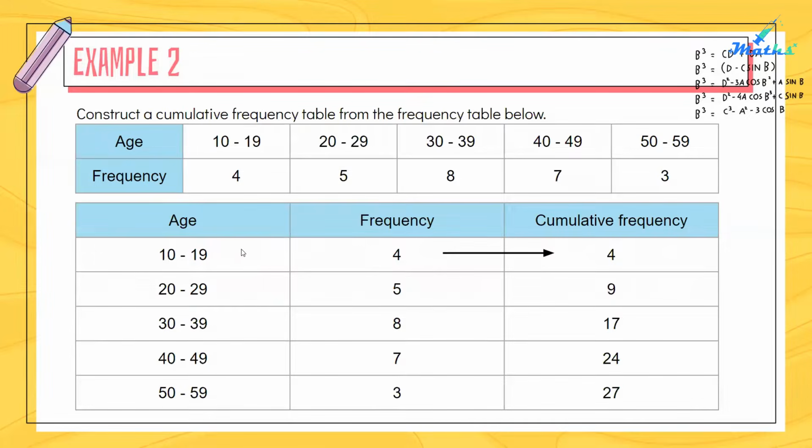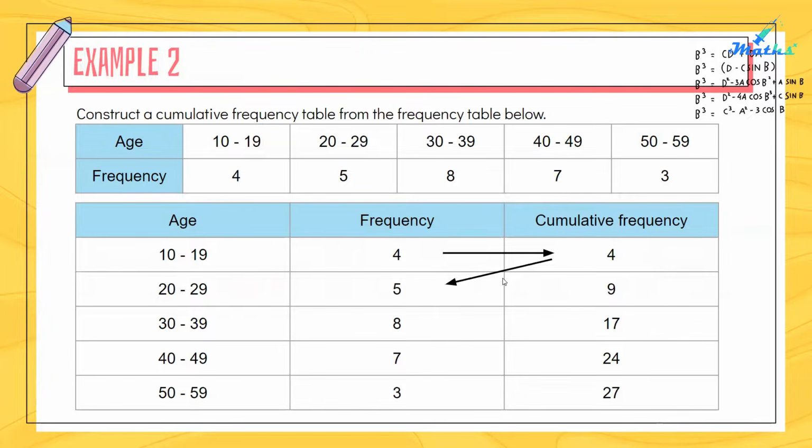The frequency for the class 10 to 19 is the first class, so we just copy it to the cumulative frequency. For the next classes, we add the next frequency to the previous cumulative frequency.